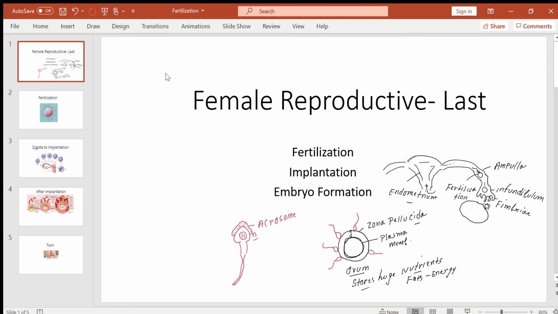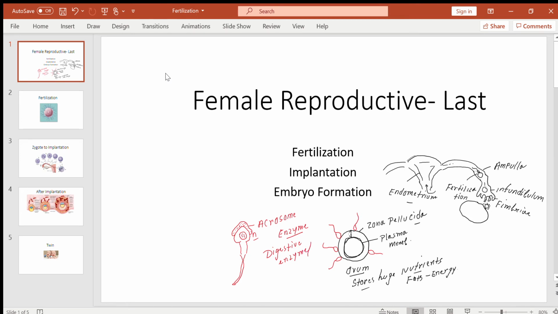So sperm has to destroy it, dig it, right, or drill it to enter. This acrosome contains that enzyme which is digestive enzyme.